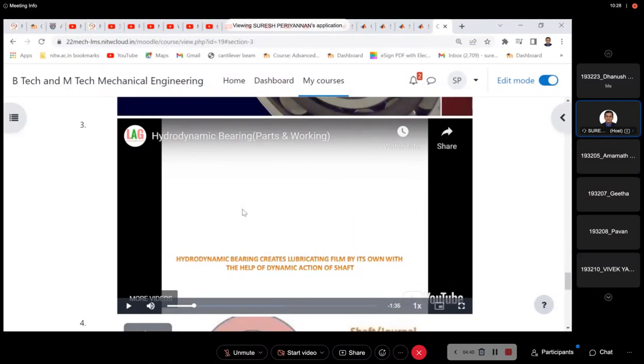Hydrodynamic film means it needs some time to build up sufficient hydrodynamic pressure inside the fluid to separate the journal and the bearing with hydrodynamic lubrication, making a thick film between the journal and bearing.